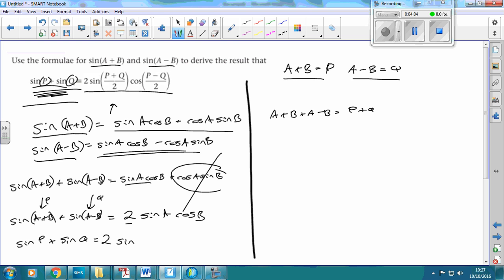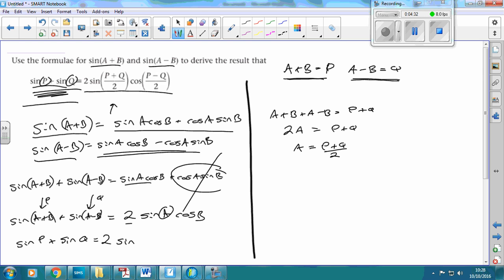That's 2a, which equals p plus q. If we then divide by 2, a equals p plus q over 2.